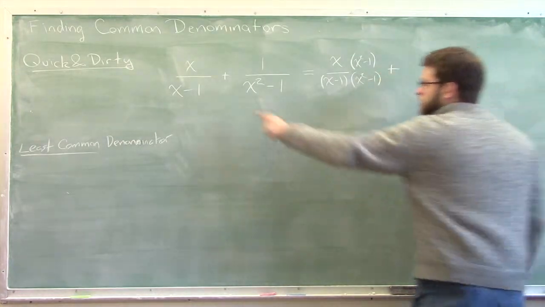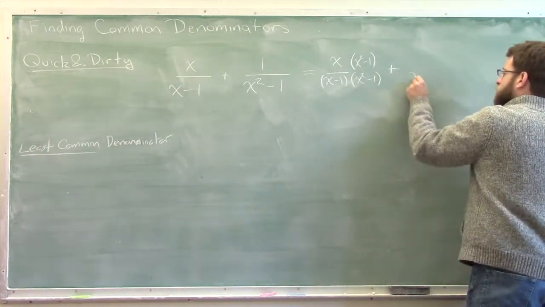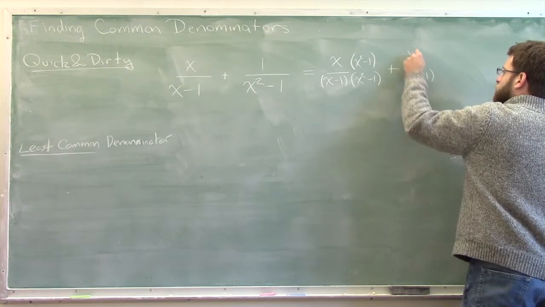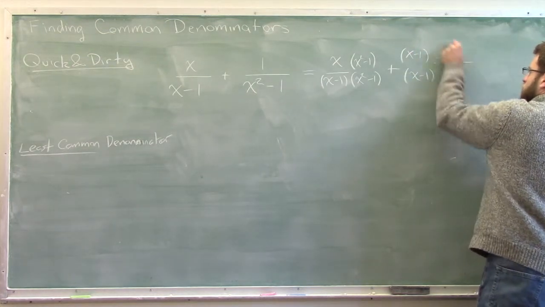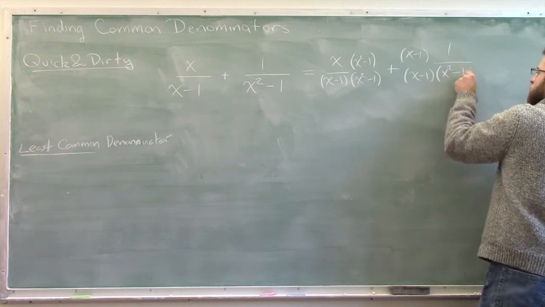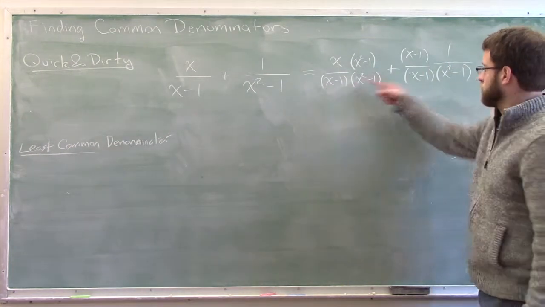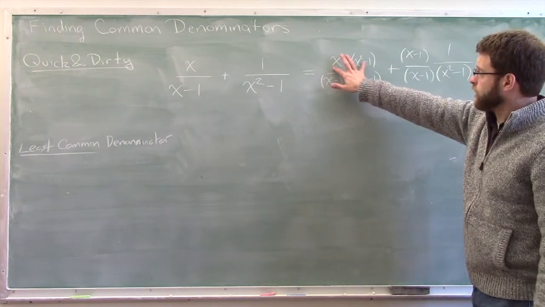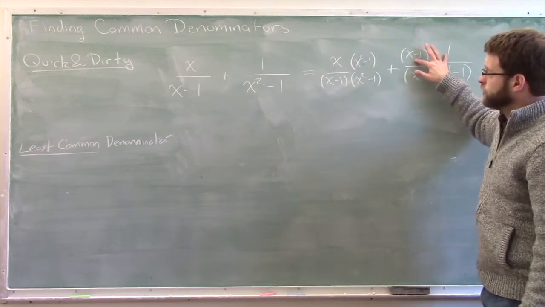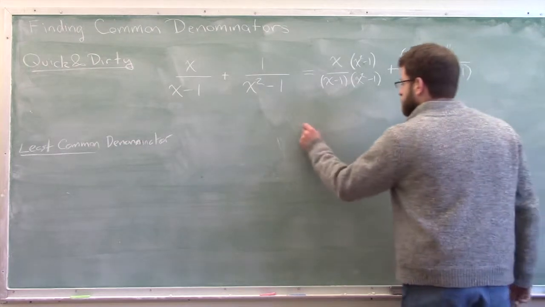And in the second term, we need to introduce a factor of x minus 1. Okay. Once we've introduced those, that'll give us a common denominator. We can work out the multiplication in both of the numerators, and then feel free to add these things together.